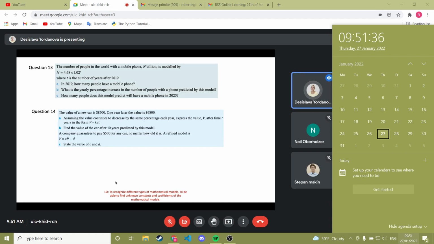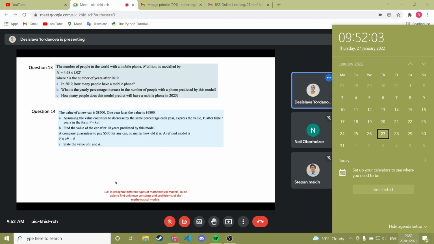Can you argue it? Reason it mathematically. Because the asymptote is going to be at 500. That's the lowest value that any car can have, because they say no matter how old it is. So this is the assumption that the time approaches infinity, and when time approaches infinity, we go for the horizontal asymptote.